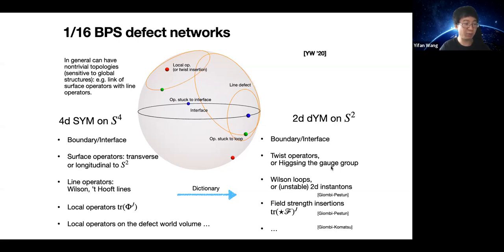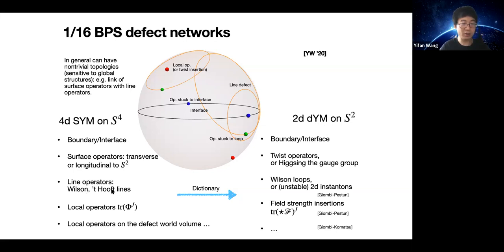The type of Levi subgroup is fixed by the type of the Gukov-Witten surface operator. Wilson loop operators from the 4D super YM, as I reviewed before, will just map to ordinary Wilson loops in the 2D YM theory along an arbitrary contour on S2, the same contour along which the 4D super YM Wilson loop lies.